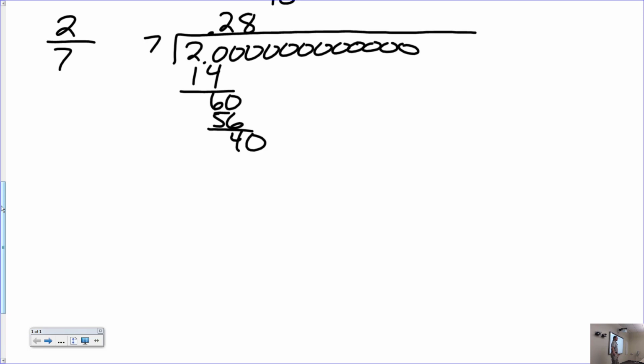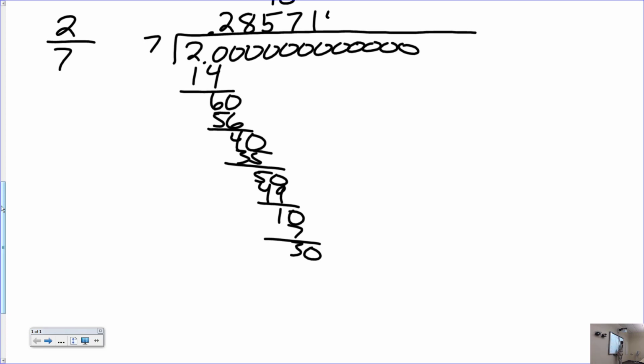Bring down a 0. 7 into 40. 5, 35, 5, you get another 0, 7 into 50, 7, 49, bring down the 1, remember you get a free 0, 7 into 10, 1, 7 suck, folks, 7 into 30, 4, 7 into 20, 2.